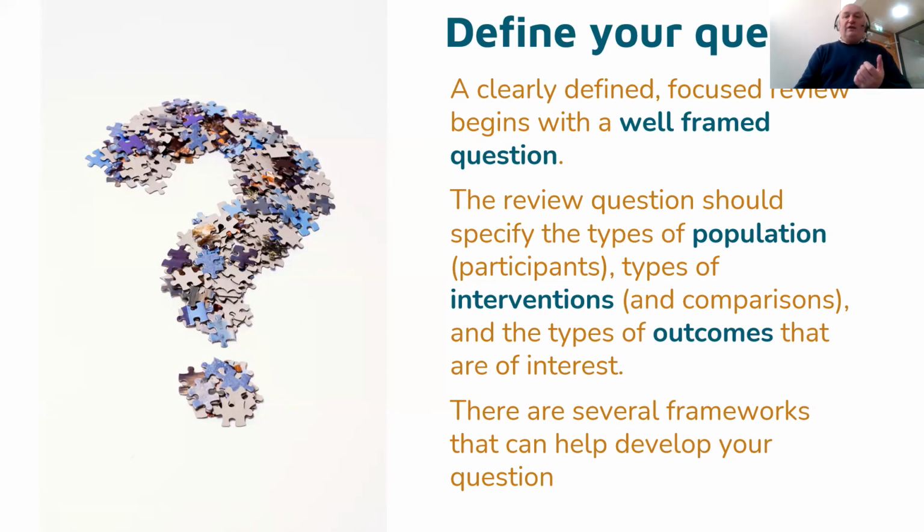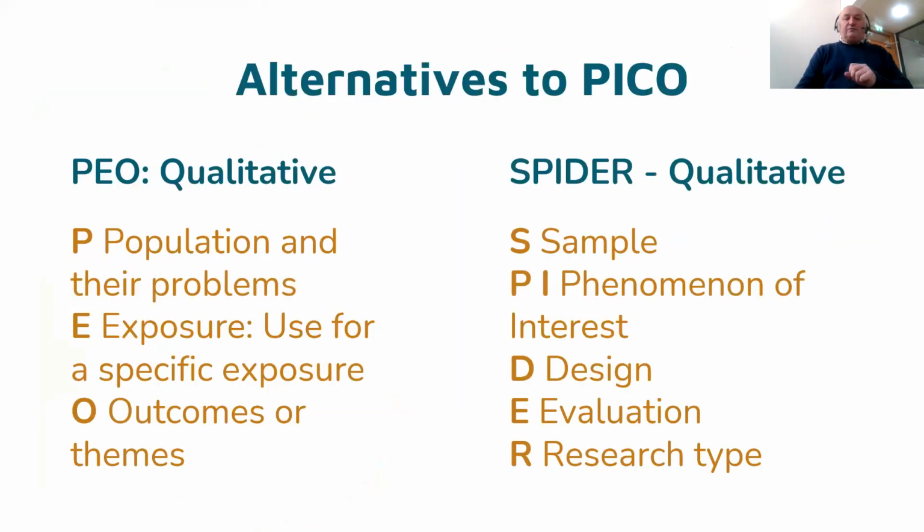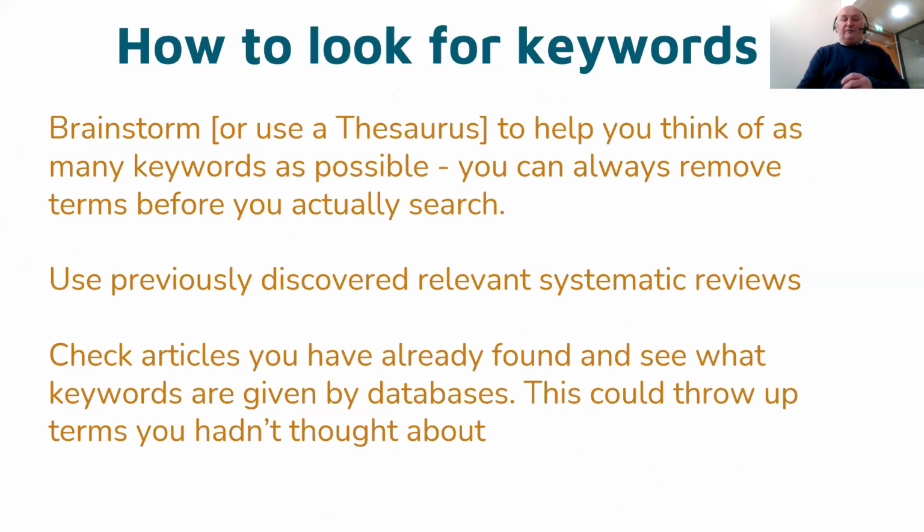But that's not the only one available to you, and this is just a visual of PICO. There are alternatives such as PEO for qualitative, where P stands for population or problem, E for exposure, and O for outcomes. SPIDER is also used for qualitative. S stands for sample, PI for phenomenon of interest, D for design, E for evaluation, and R for research type.